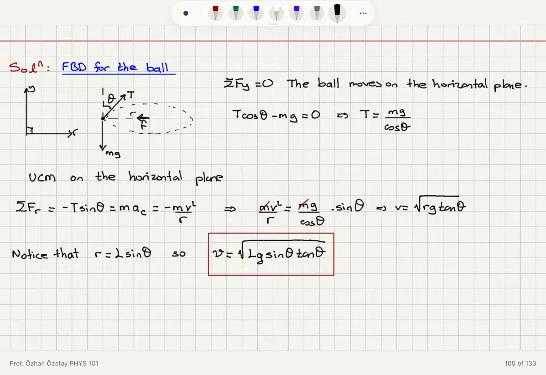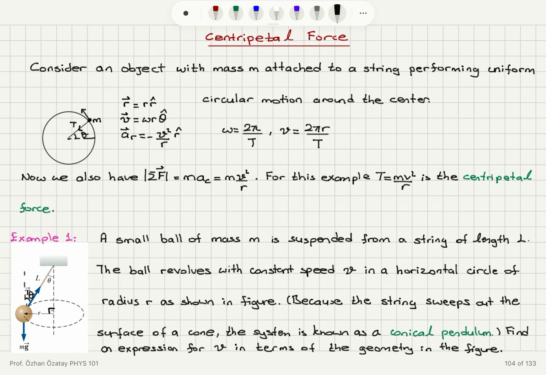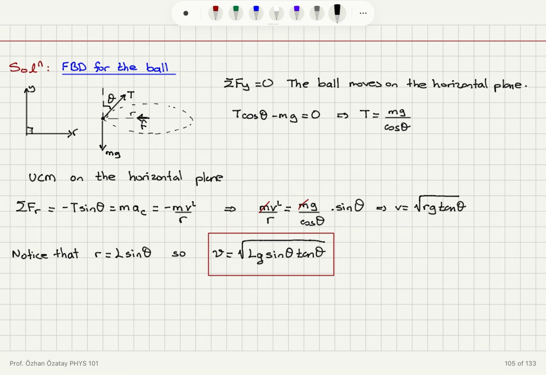Okay, so in this problem, we have identified the centripetal force to be the component of tension on the radial axis, which is T sine theta. So T sine theta equals mass times centripetal acceleration, which is pointing towards minus r hat, so minus mv square over r.